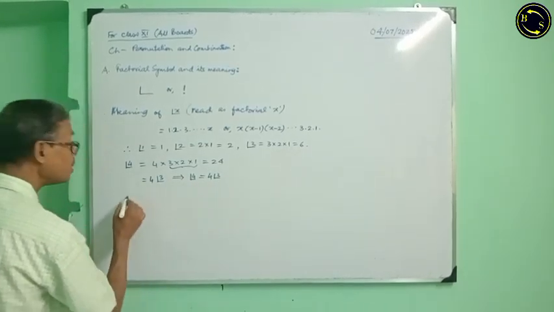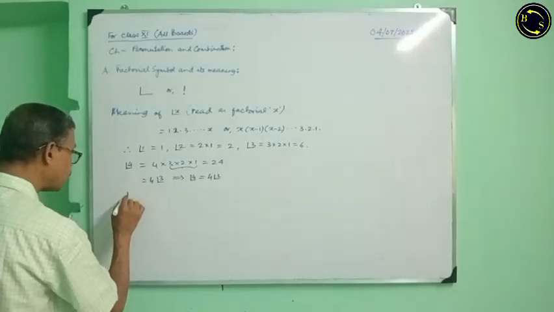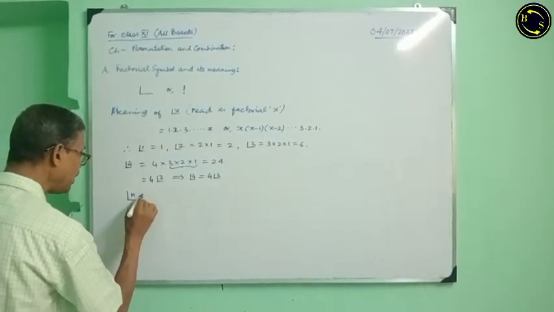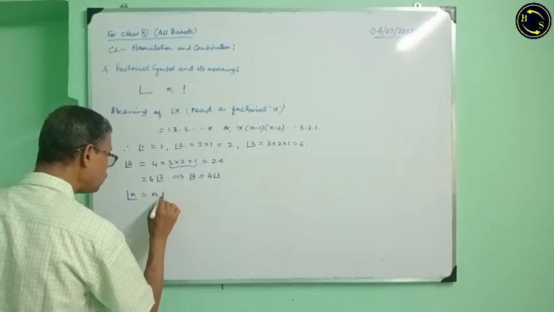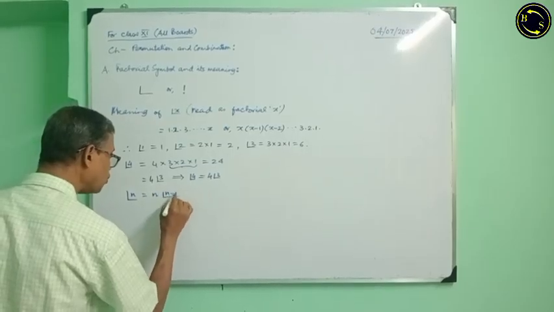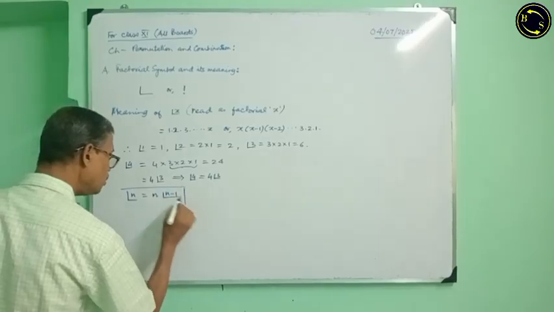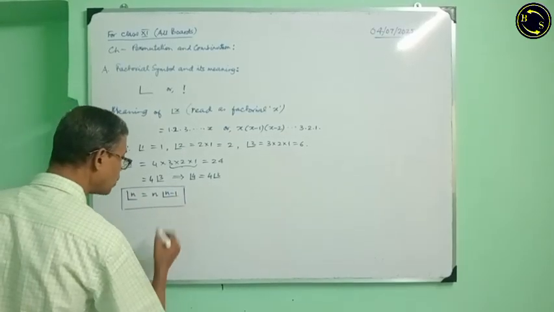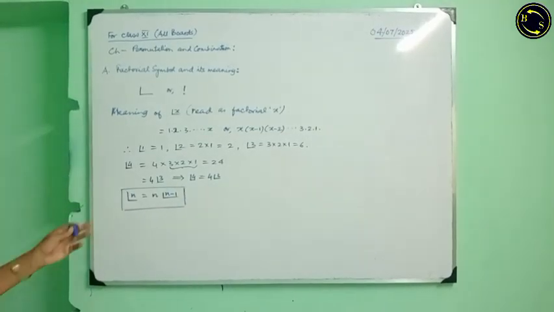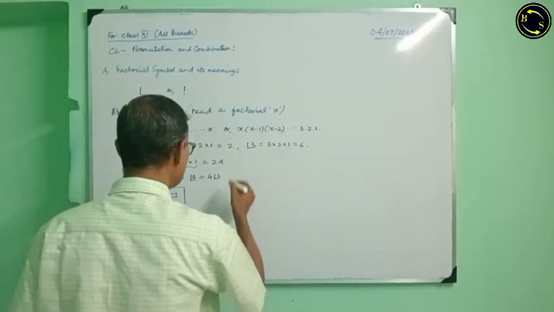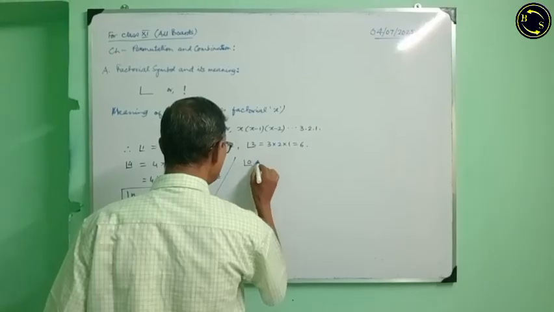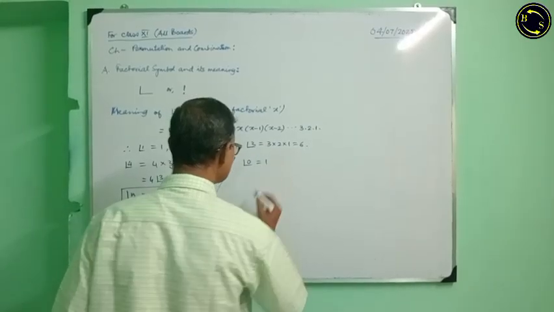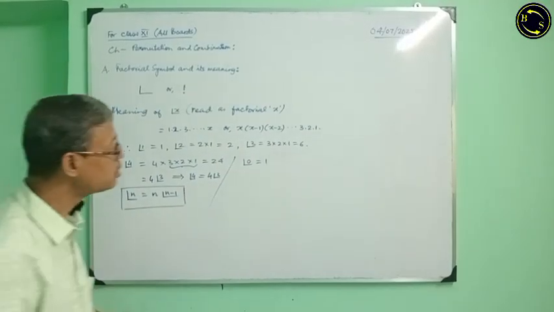Now we can write the generalized form: factorial n is equal to n into factorial n minus 1. You can take it as a formula. Then factorial 0 is taken to be 1.